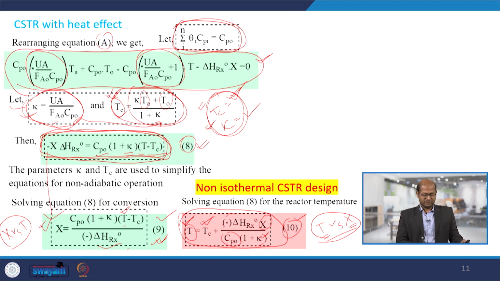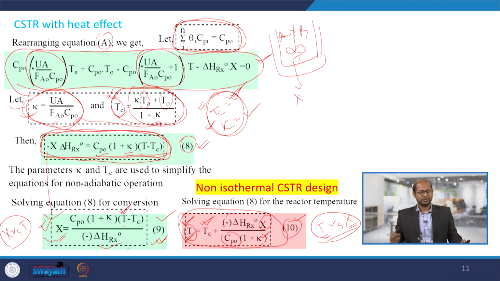If the temperature is given, then we can easily predict the conversion, by measuring the reacting fluid temperature, using equation 9 or 10, either one.